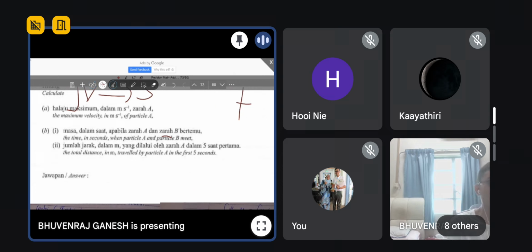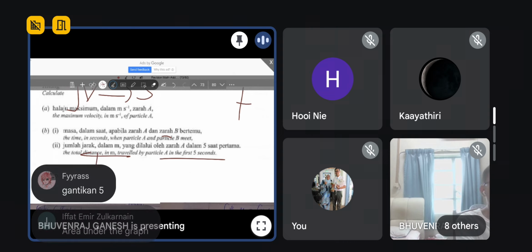Okay, so last one. Total distance, first 5 seconds. Okay, this one guys. If you want to find total distance, what concept are we going to use? Whenever you see distance, you must always use integration. Yes, the concept is the area under graph.